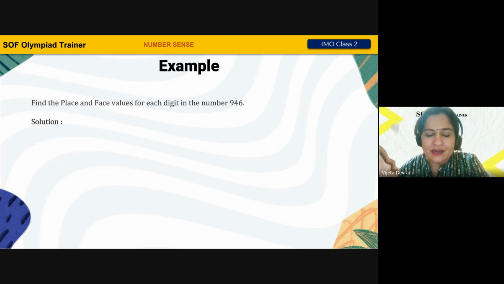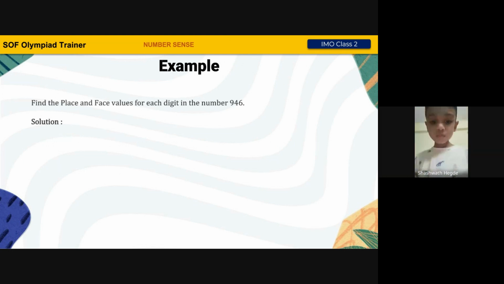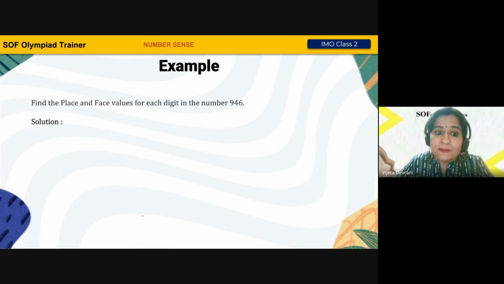Now the next example is you have to find the place and face value. Reading the question is very important. Find the place and face, both. So they're asking you about both face and place value of each digit in the number 946.